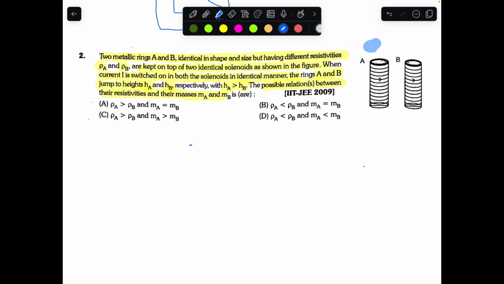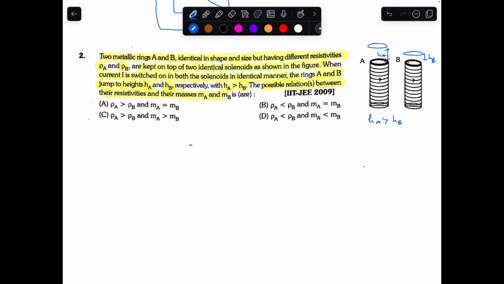So you can see these two rings here. If I draw these two rings, A and this is B. So A rises to a height of HA, B rises to a height of HB. Here they have given HA is greater than HB. Okay. So first of all, why will the rings jump? Because of induced current, you can say.